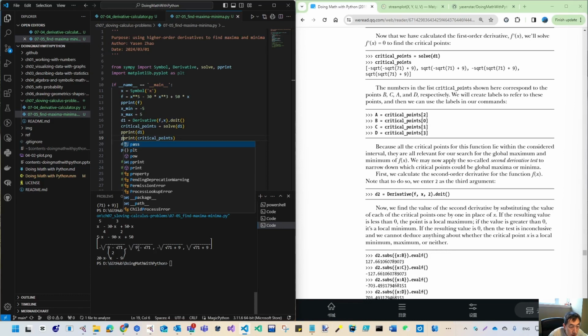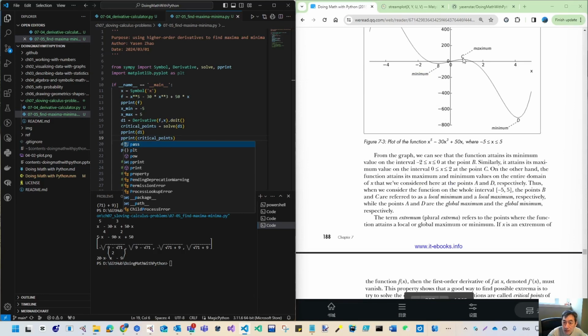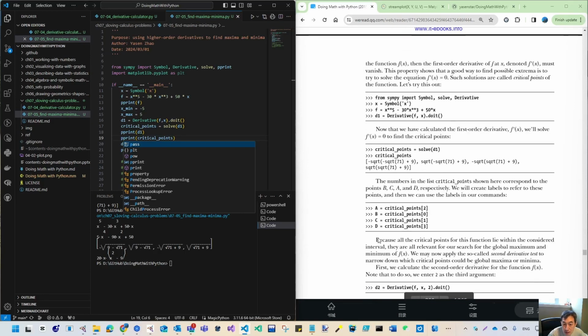So this 9 minus this square root 71 will be this point C. So C is this one, and B is 0, and this one is the lowest.